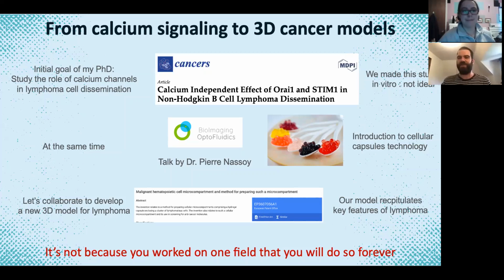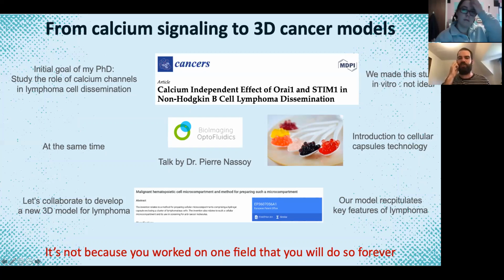Basically you can experiment with so many things, and sincerely the best part of my PhD was when I moved to 3D, because everything was so exciting. What I want to say with this journey is that just because you do your first internship in a field, it doesn't mean you'll stay there.